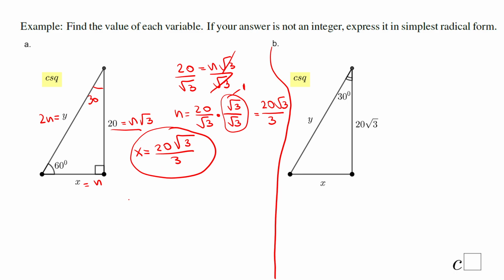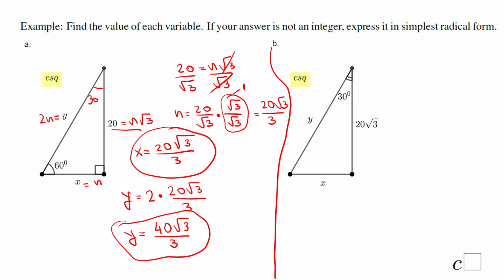And y, if you take a look in the picture, is nothing else than 2n, 2 times 20 square root of 3 over 3, and that will be nothing else than 40 square root of 3 over 3.